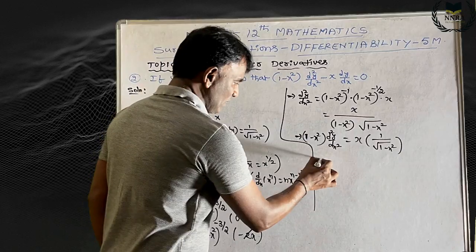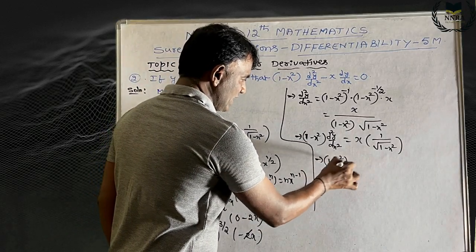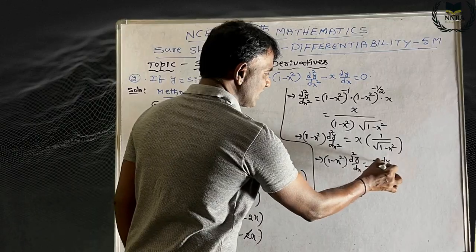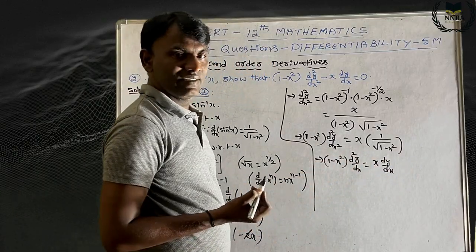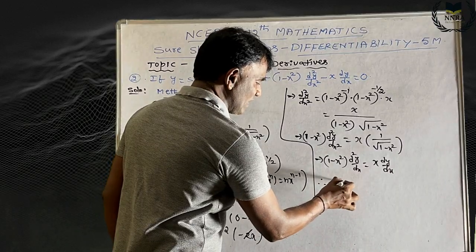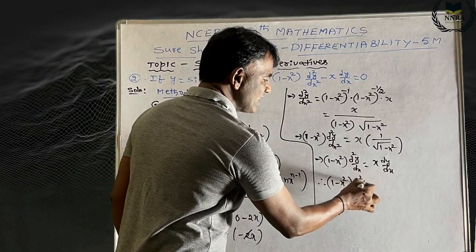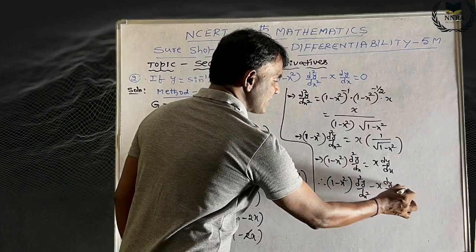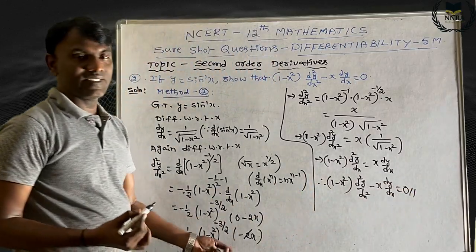So here 1 minus x square, then d square y by dx square, and x into dy by dx. And finally write x dy by dx this side. Then how to write it? 1 minus x square into d square y by dx square minus x into dy by dx equal to 0. So this is the answer.